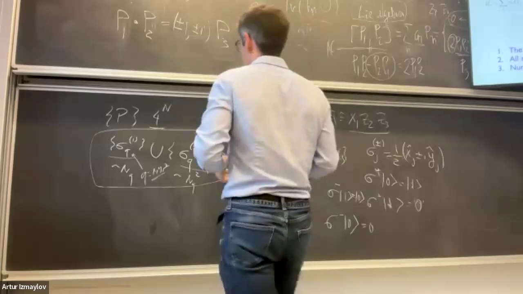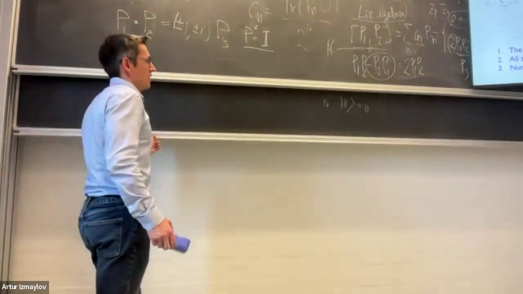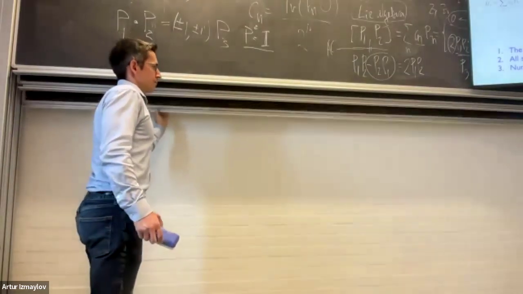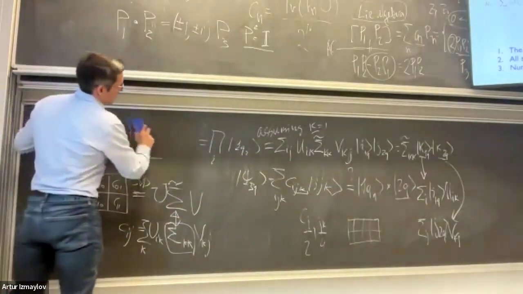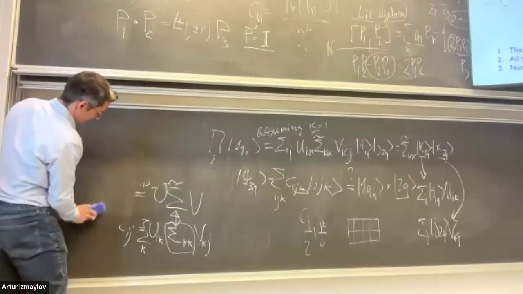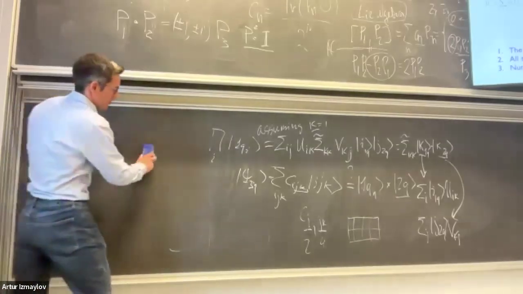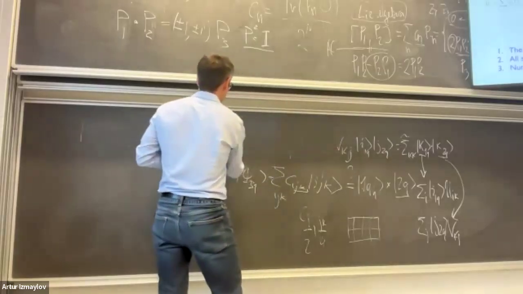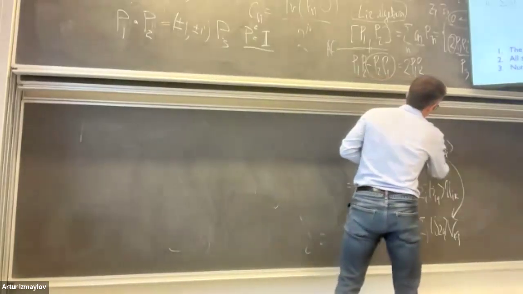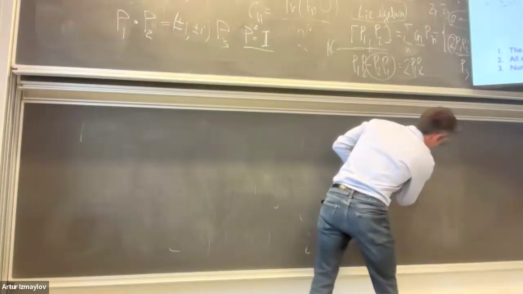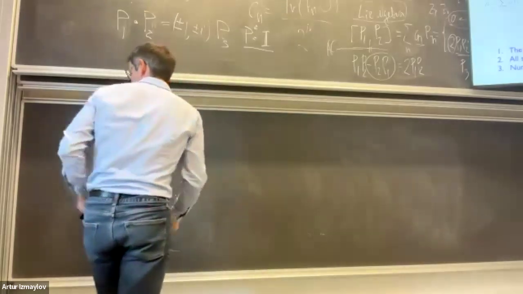What I mean by that is it's easy to see that any product of fermionic operators with the same number of creation and annihilation operators will commute with the number of electrons, because the number of electrons stays the same when you apply these products of A and A daggers, as long as the number of A's and A daggers are the same. But for the products of Paulis, that's not the case anymore.